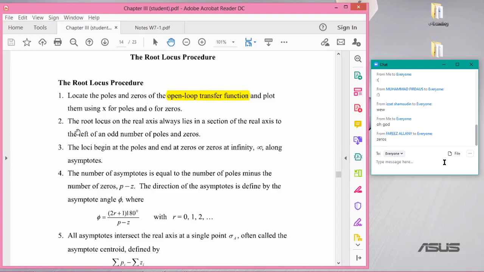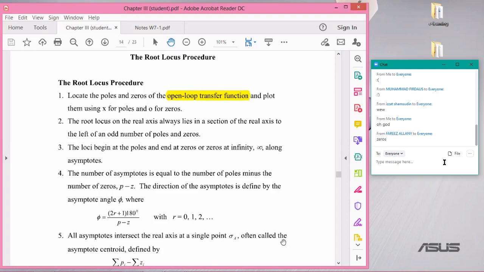Then the root locus on the real axis lies in the section of the real axis to the left of an odd number of poles and zeros. The loci begin at the poles and end at zeros. If there are not enough zeros, then the loci will end at infinity along asymptotes. I'm just going to talk about these first three steps first.